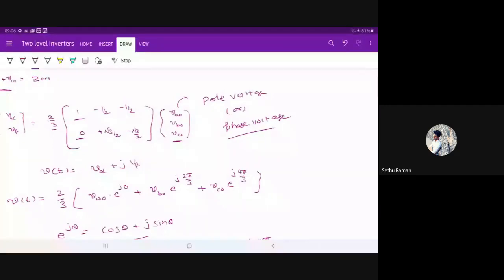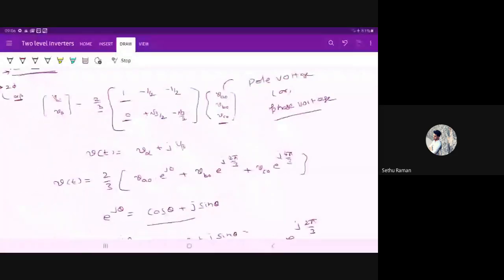Phase voltage you cannot directly measure, so it is the load phase voltage. So VA0, VB0, VC0 may be load phase voltages or simply pole voltages.